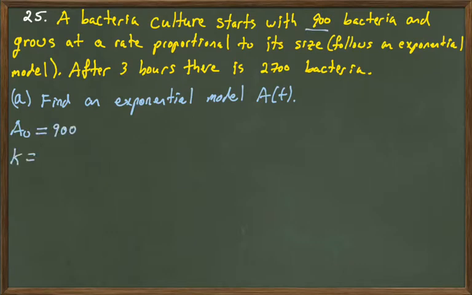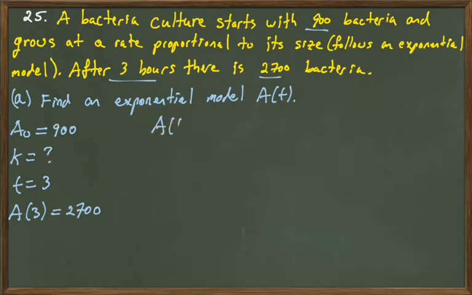Our k, it says it's proportional to its size, grows at a rate, but doesn't explicitly tell us what that is. So we don't know what that is. However, we're given some more information. So the time at 3 hours, they tell us that we have 2,700 bacteria. So we actually have 3 out of the 4 variables, so we're going to end up solving for k there, and that's going to give us our model.